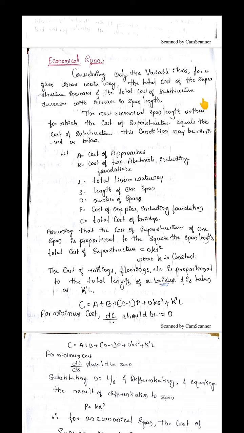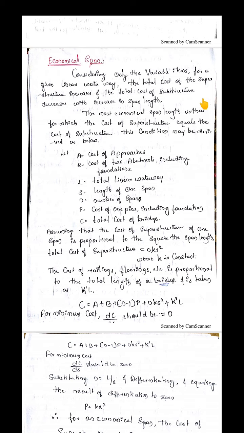So the total cost of the bridge C is equal to A, the cost of approaches, plus the cost of abutments, that is B, plus n minus 1 times P. If your number of spans is n, then n minus 1 is the number of piers, into P.